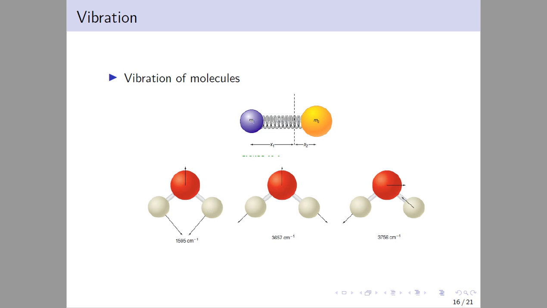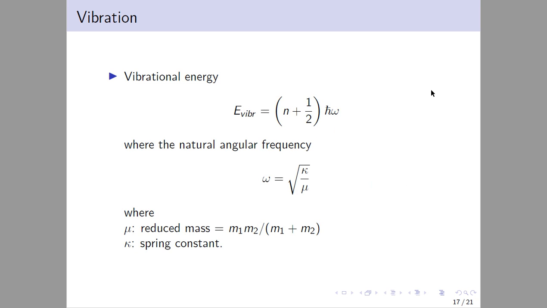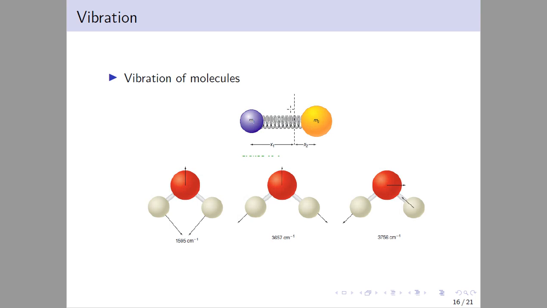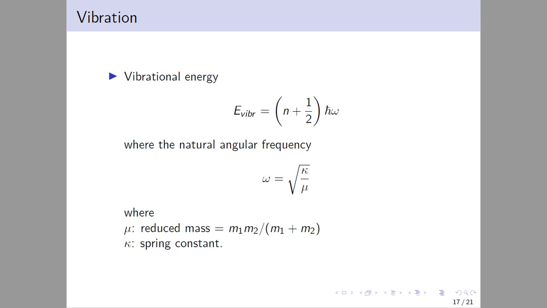From our quantum mechanics, the vibrational energy E vibration for two molecules, and this one is for general, is n plus 1 over 2 times h bar times omega. Omega is the natural angular velocity, square root of kappa over mu, where mu is the reduced mass and kappa is the spring constant.